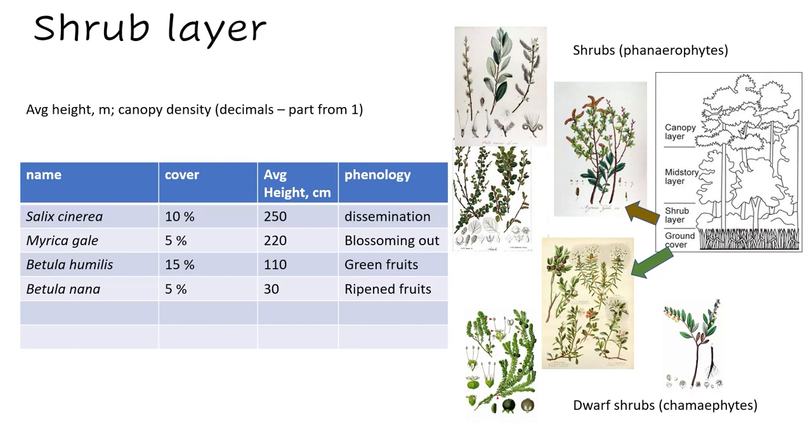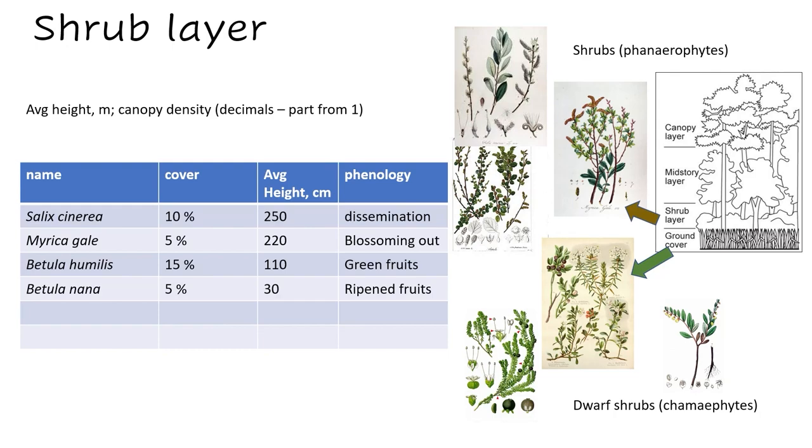For example, in America, there are a lot of Vaccinium species which are shrubs. So just be careful. Here are examples for the temperate zone of Eurasia. So please describe in the shrub layer only shrubs.